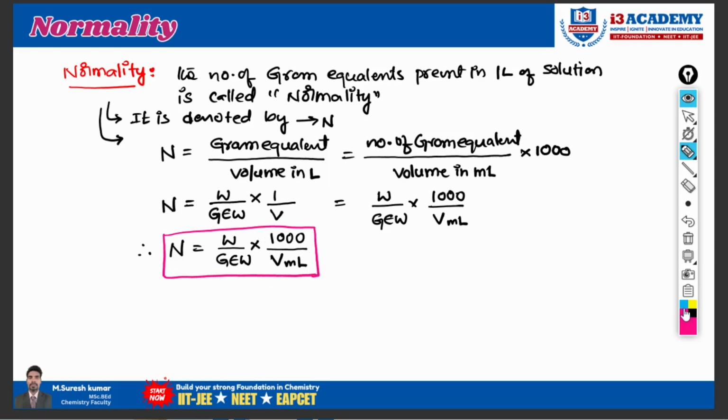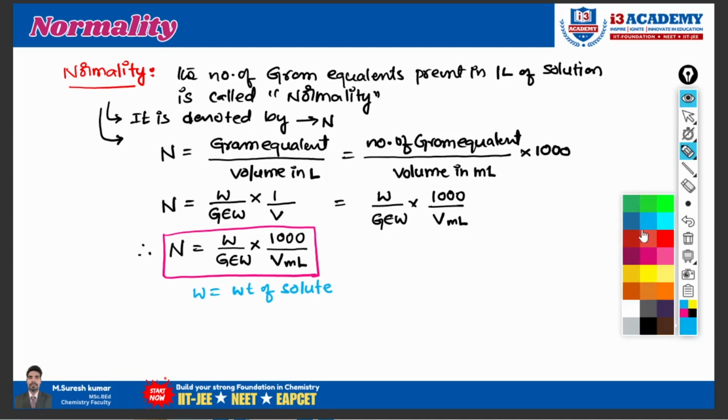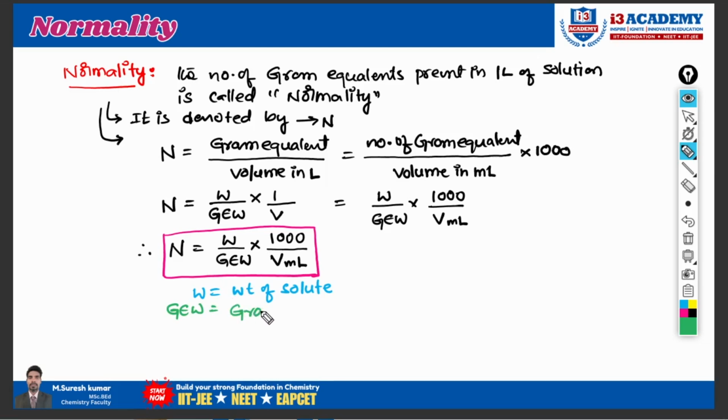Here, what is the meaning of W? W means weight of solute, that means the given substance. GEW means gram equivalent weight.